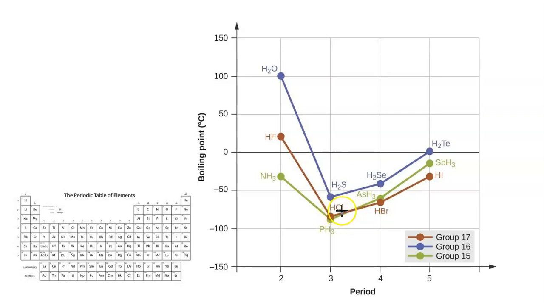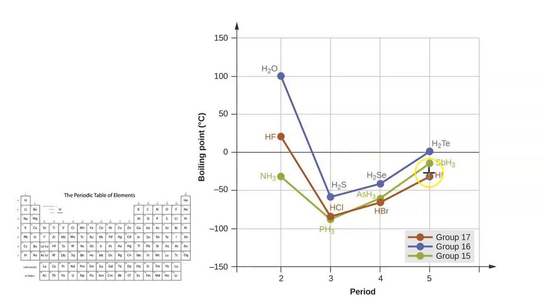The electronegativity difference between hydrogen and chlorine is a lot stronger than hydrogen and iodine. Yet, even though HCl is more polar than HI, HI has greater intermolecular forces. It's less polar, but its intermolecular forces are stronger. So the dipole-dipole intermolecular forces for HI are less than those for HCl.